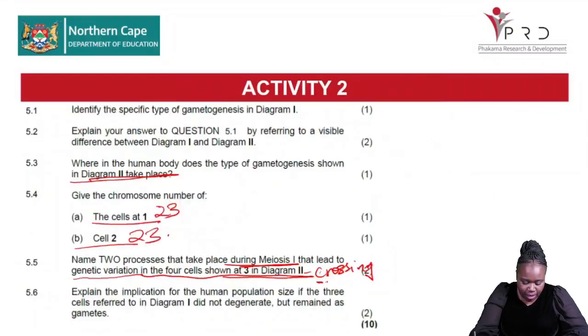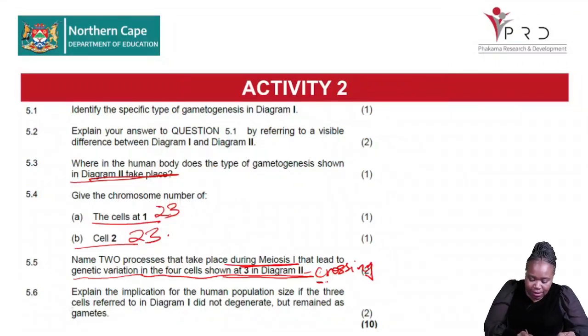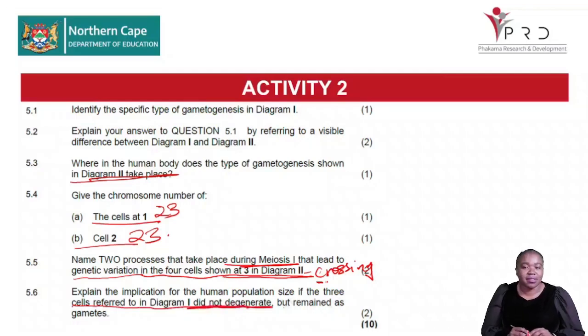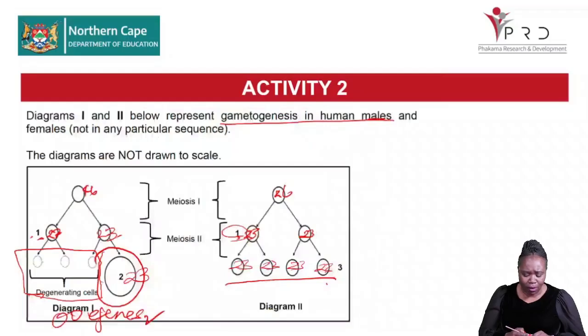5.6, it says, explain the implication for the human population size if the 3 cells referred to in diagram 1 did not degenerate but remained as gametes. So now, let's imagine that a female produced 4 ova every cycle.